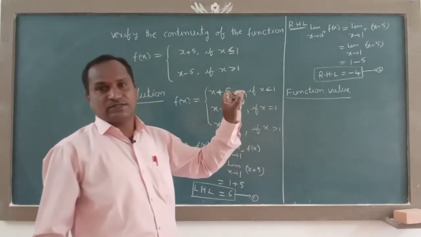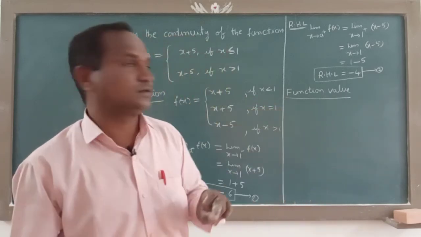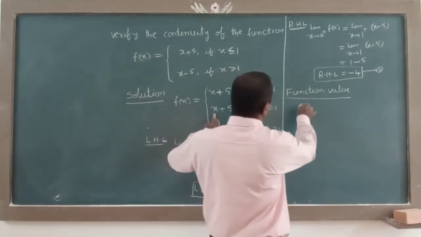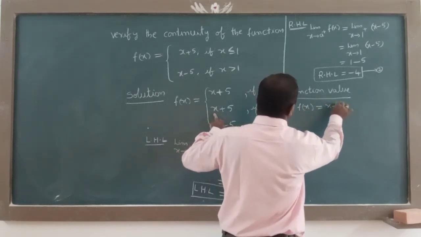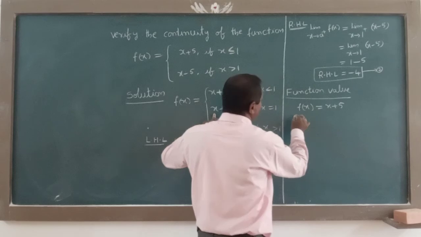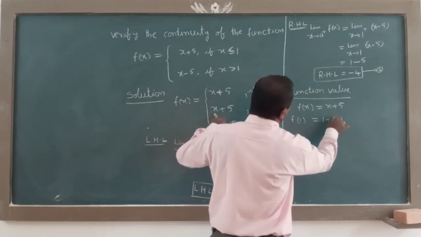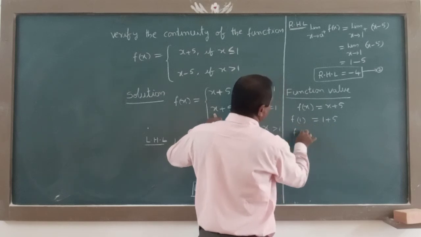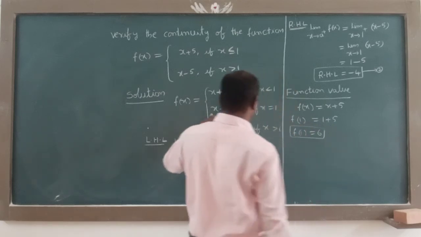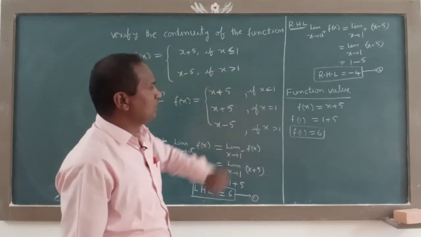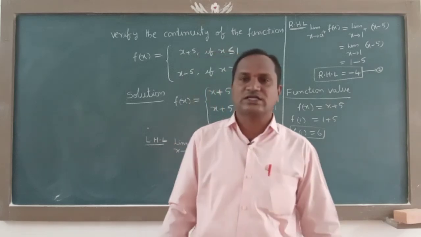That's why, instead of the variable of that function, we must put 1. f of x is equal to x plus 5. In this case, put x equal to 1: f of 1 is equal to 1 plus 5. f of 1 is equal to 6. Here LHL is not equal to RHL. At the same time, RHL is not equal to the function value.